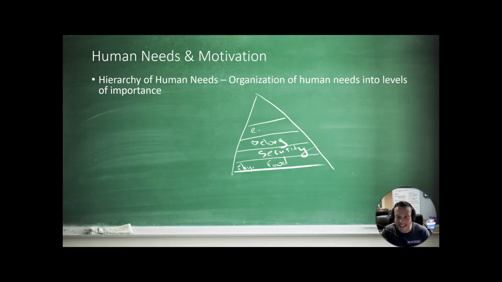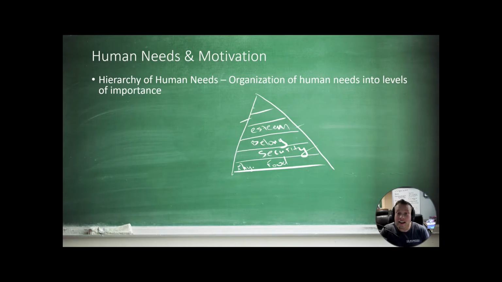Next is our esteem. The learner will try to satisfy their esteem or self-esteem or external esteem by doing things that make them feel proud of what they've done or get them recognition from their tribe. And then there's the cognitive and aesthetic. This is the need to know what is going on and understand the world around us.